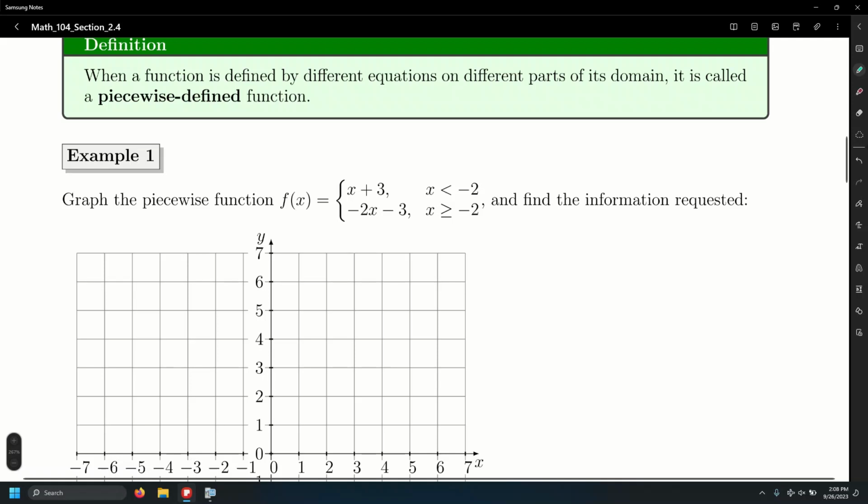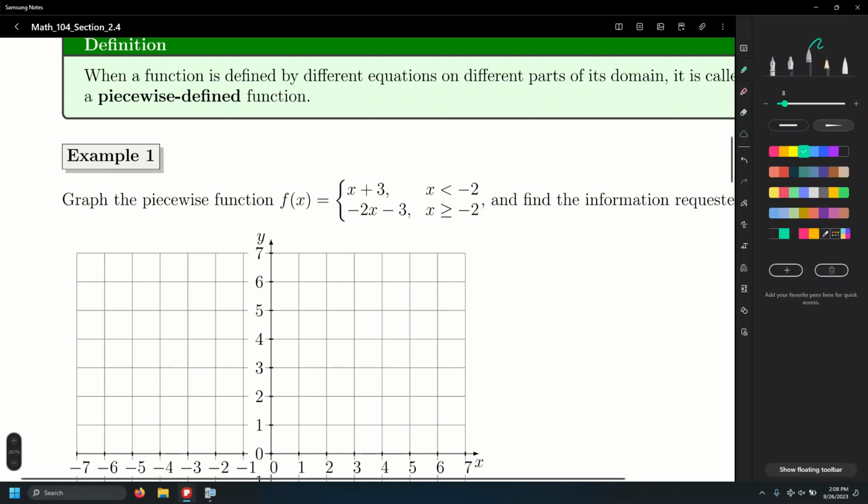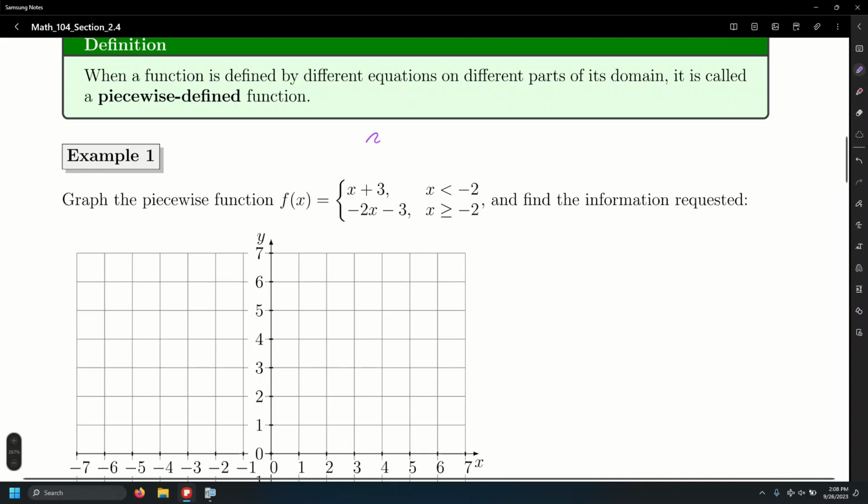So we will still have the f of x notation, or g of x, or h of x. However, you will have curly braces. You will have 1, 2, or maybe 3, 4, 5, 10 different equations alongside these inequalities. So in this case, let's call these the functions, and these are called the conditions.